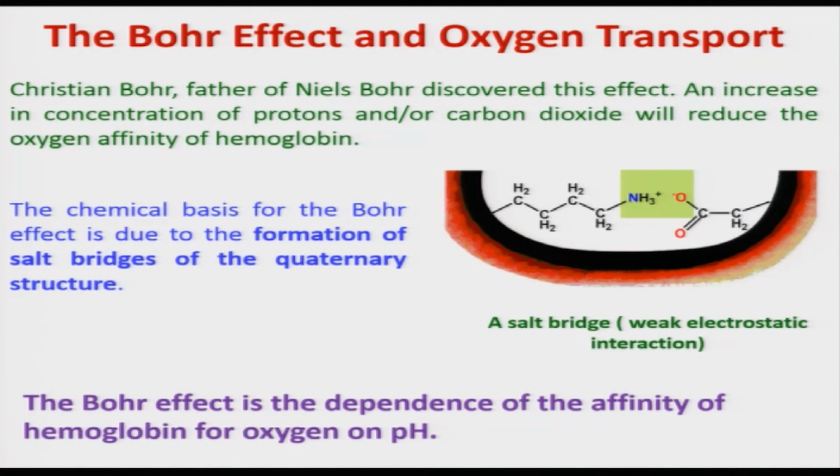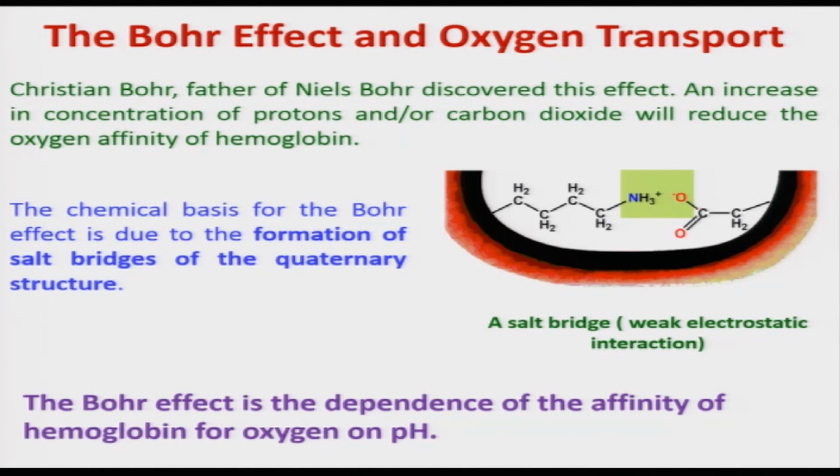An increased concentration of protons and/or carbon dioxide will reduce the oxygen affinity of hemoglobin. The chemical basis for the Bohr effect is the formation of salt bridges in the quaternary structure. You see that these are salt bridge interactions between two amino acids, this amine group and acid group, which interact through hydrogen bonding.